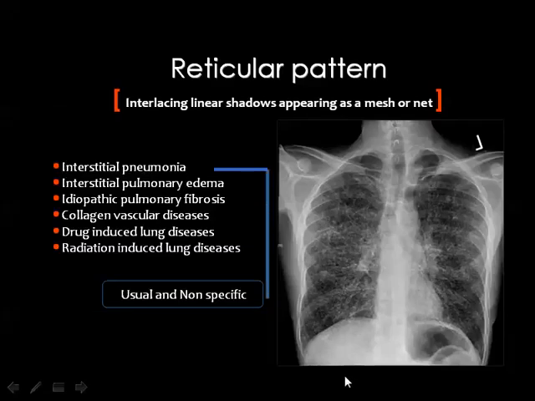Then, if you are looking at the chest X-ray or a CT scan, and you see the reticular pattern, how can you diagnose the reticular pattern? You look at the chest X-ray, and you see that there are too many linear opacities in the lung. But any one of you can say, no, I am looking for nodules, for example, yes?